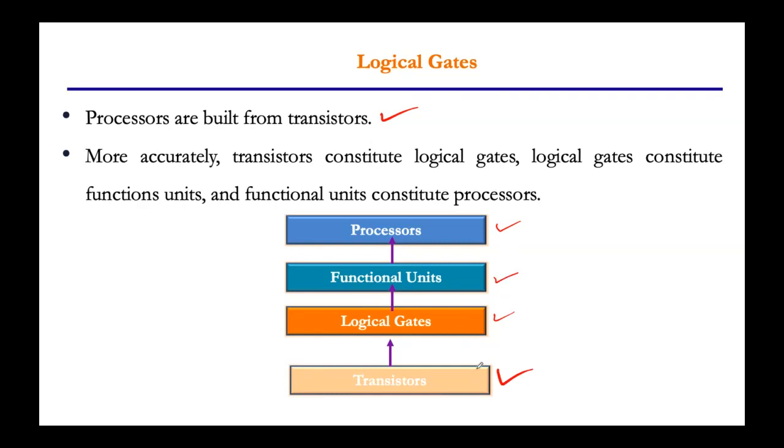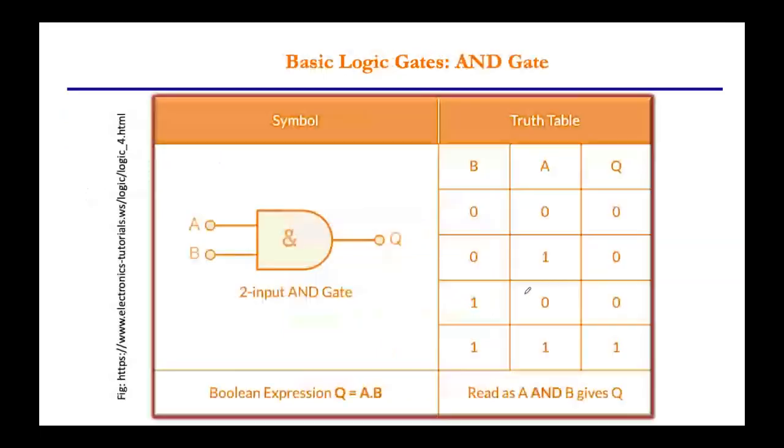So we can say that the processors are built from the transistors. In this case, the basic unit to perform arithmetic and logic operations, we go with the transistors, then the logic gates, functional units, and finally it comes to the processor.